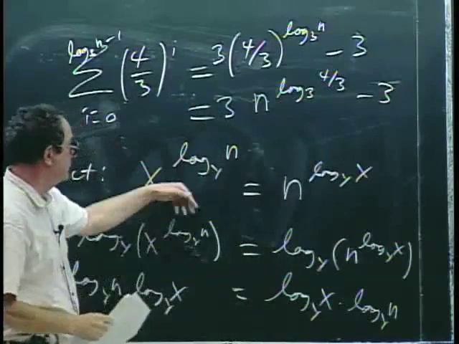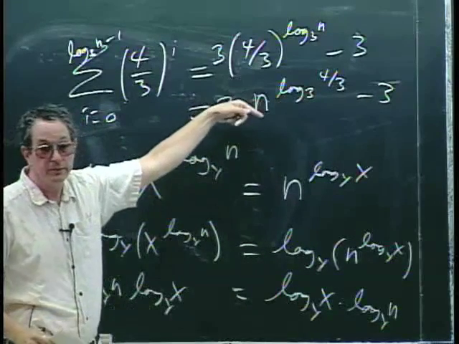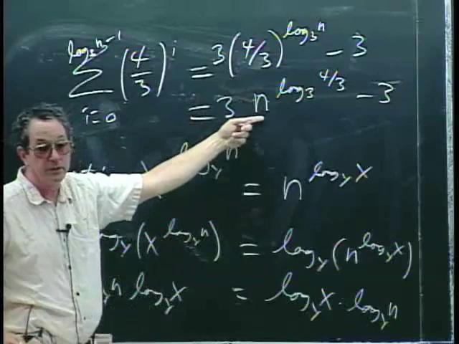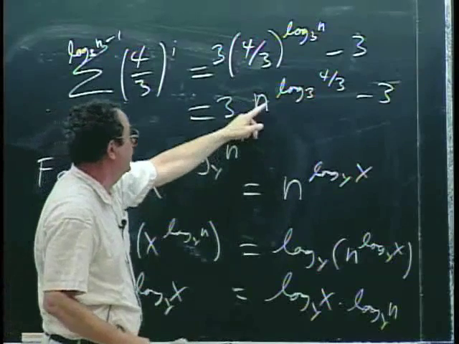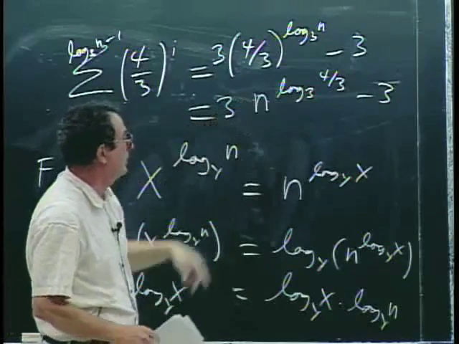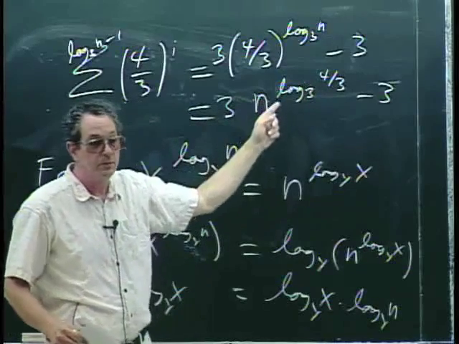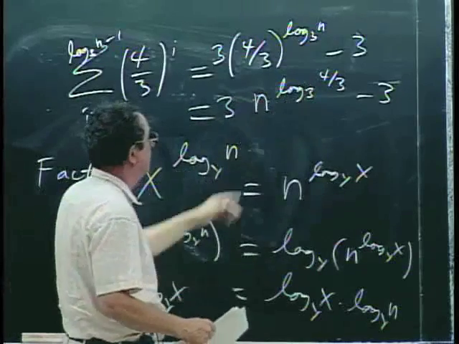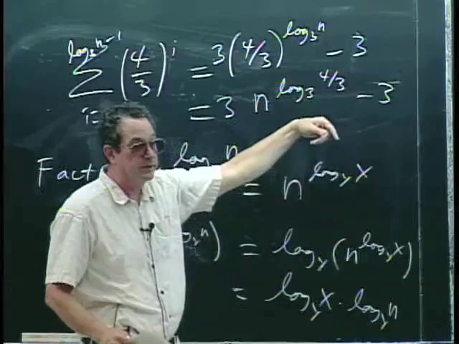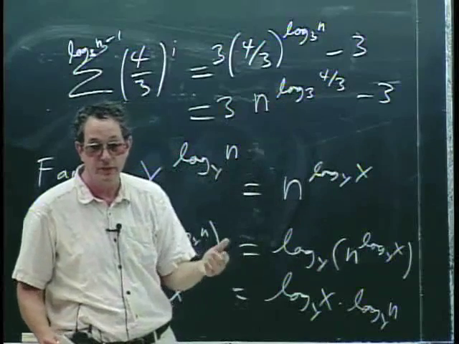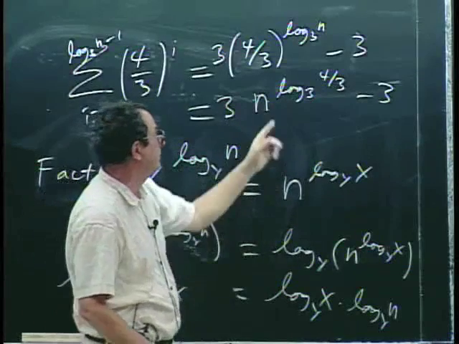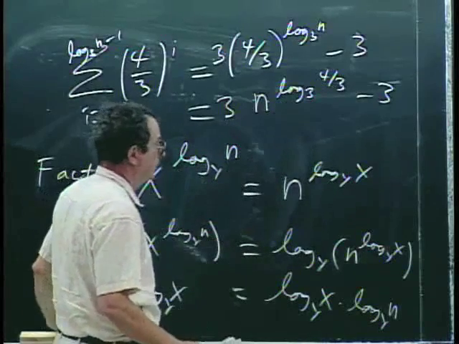So I just did this switch, but up there. And now this looks much more familiar, okay, because we have n down below, and then we have just some constant number up here. We can further clean this up because log base 3 of 4/3 is log base 3 of 4 minus log base 3 of 3. Log base 3 of 3 is 1, right?